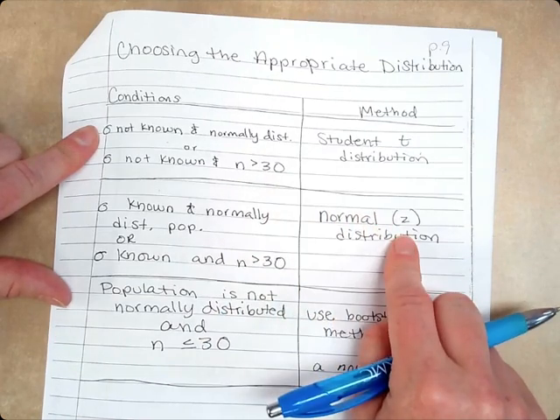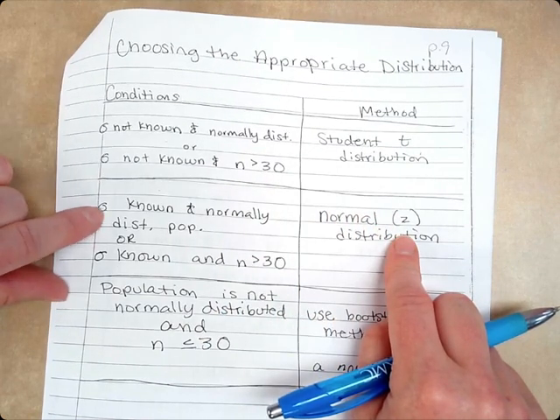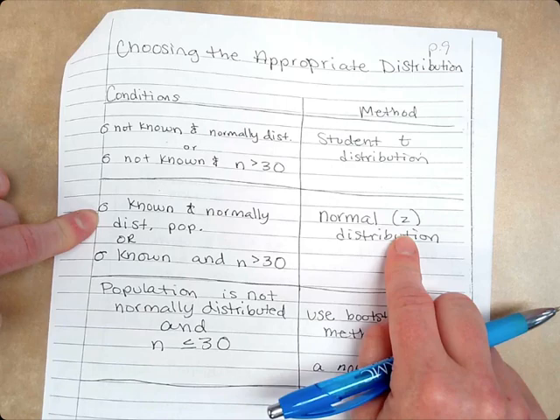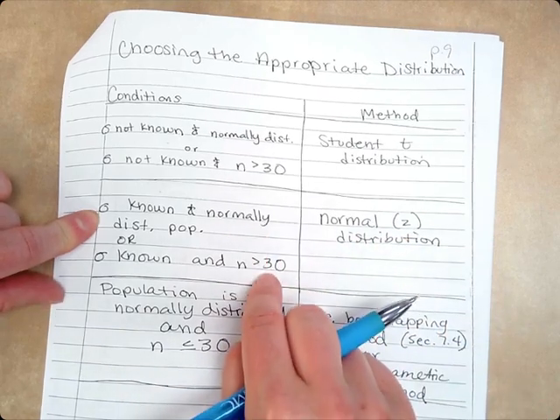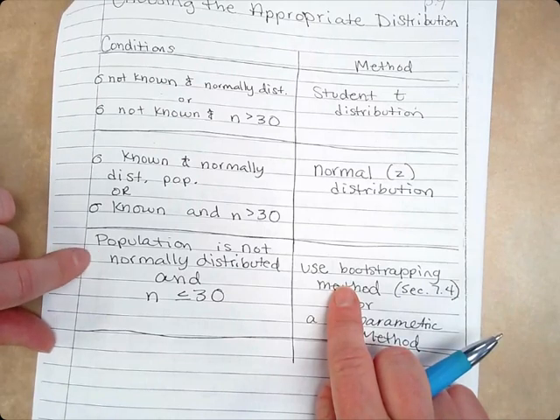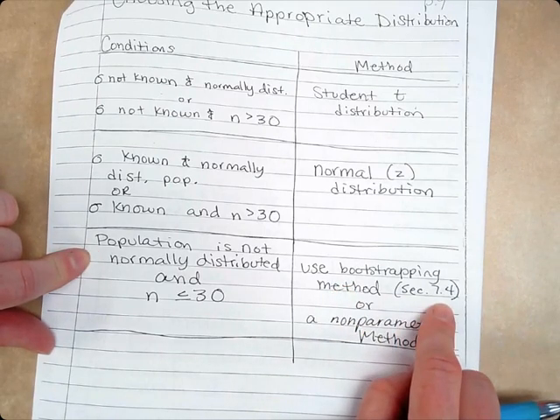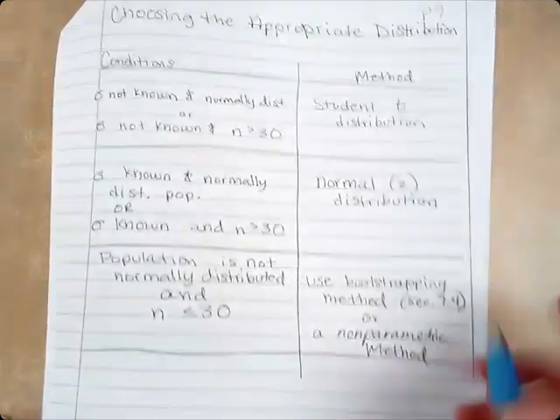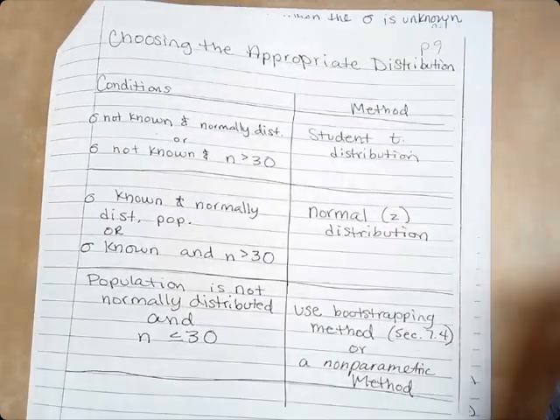We use our normal distribution Z whenever our population standard deviation is known, and we also have normal distribution and n is greater than 30. And then this last one, use the bootstrapping method. We are not actually going to get to 7.4, so we don't have to worry about that. So this just tells you T distribution versus Z distribution. And that is it for today.